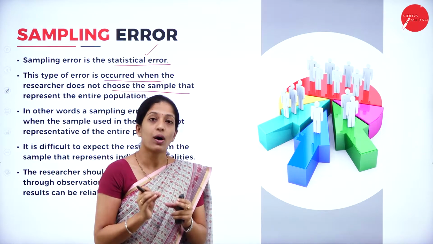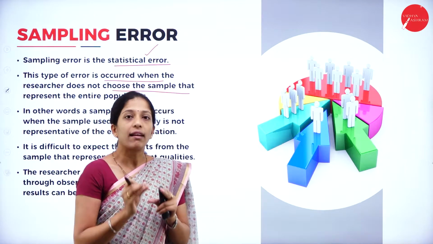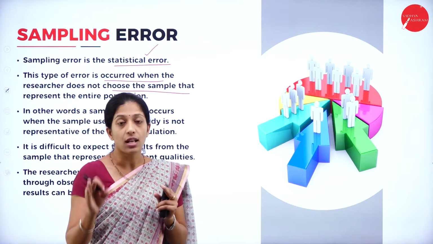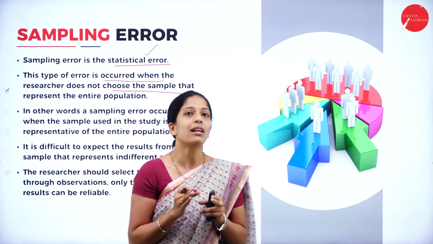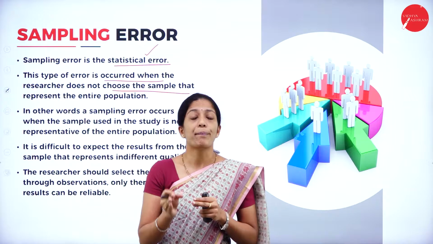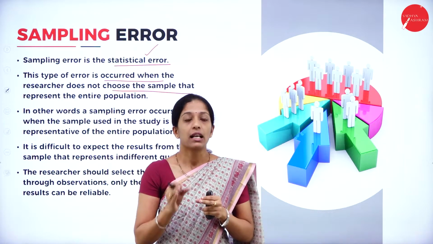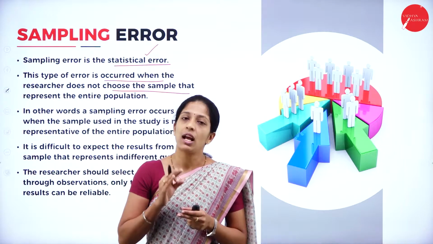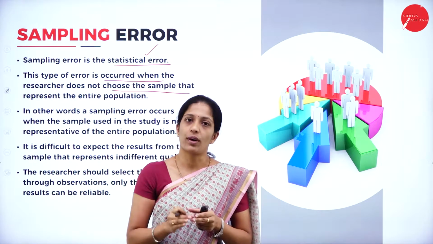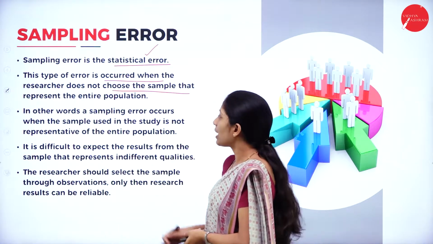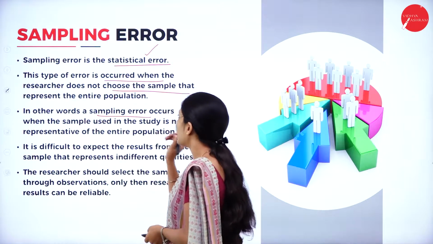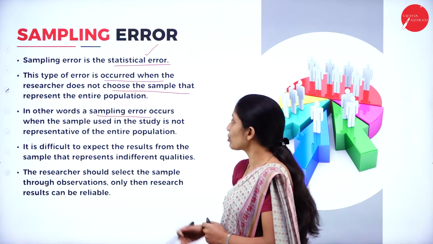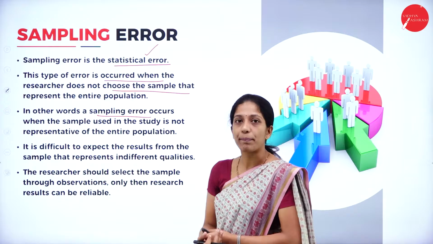That is known as what? Sampling. Now, the main intention of a sample is to represent the whole population, correct? So if the sample does not represent the whole population, then the whole research work goes wrong.